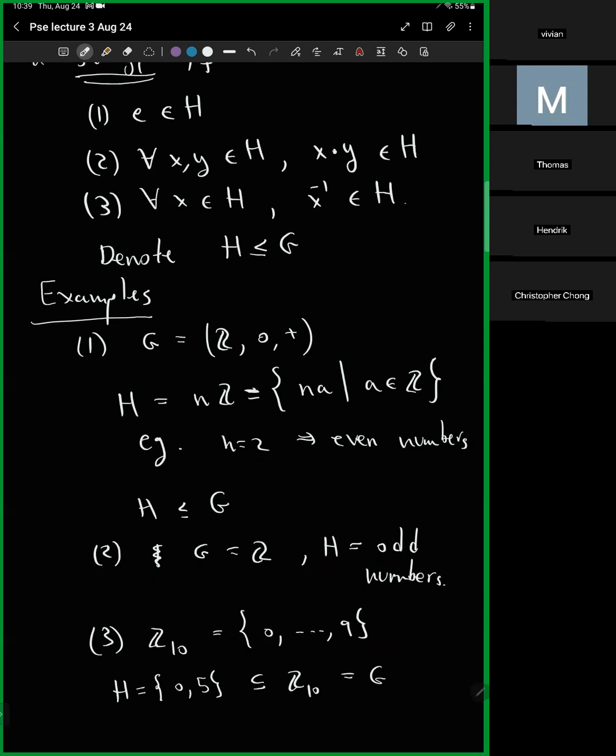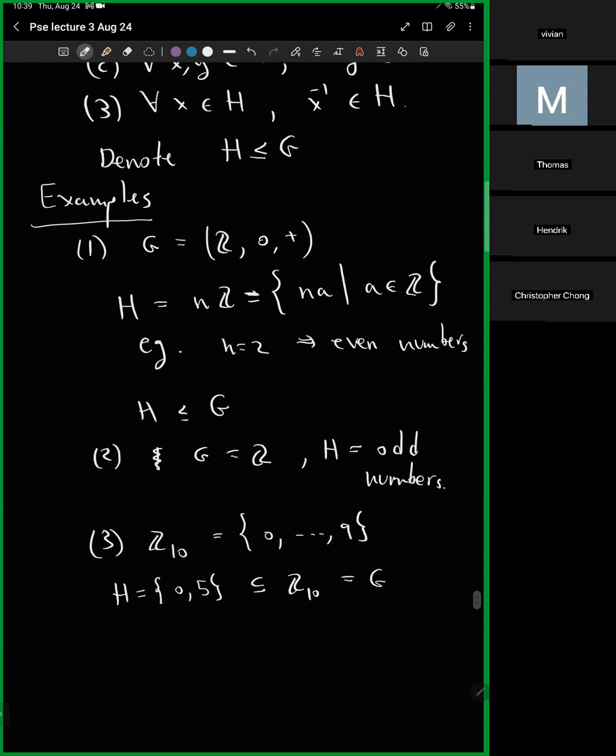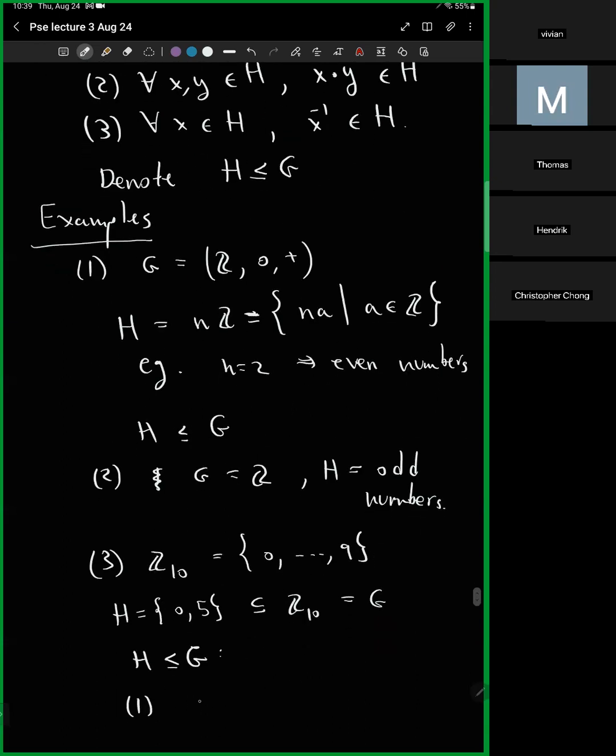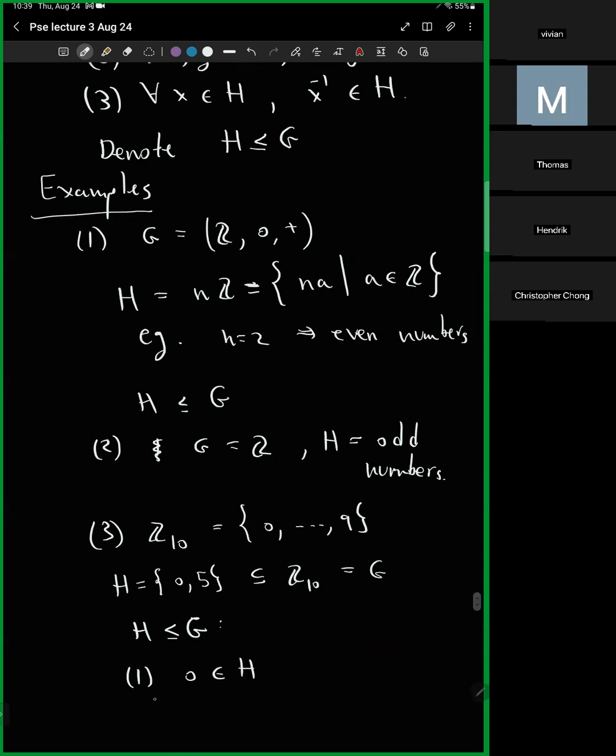Well, what do I need to check? The first axiom is the unit element or the neutral element. Indeed, 0 is in H. Then I need to check that this subset is closed under the binary operation. Well, if I do 0 plus 5, I get 5.